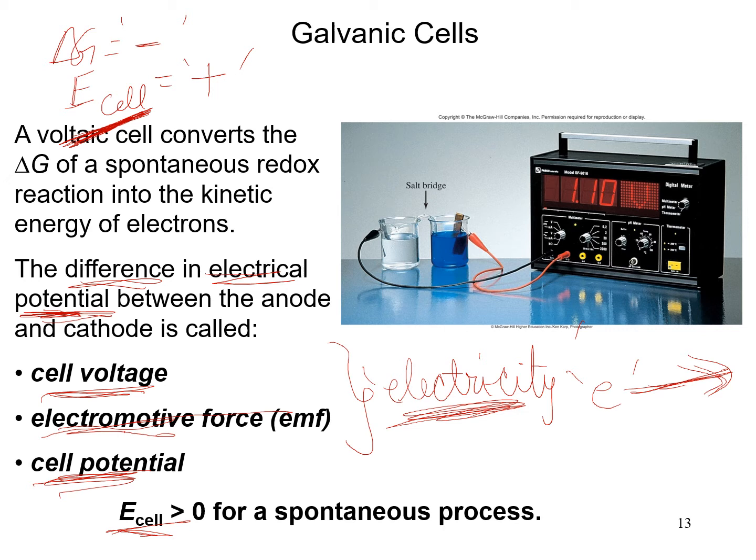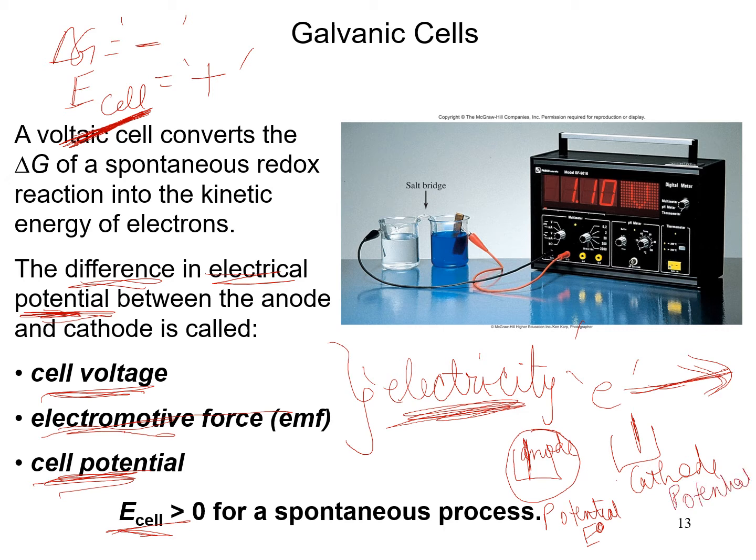Now whenever there is a galvanic cell, remember there are two halves happening. One half is the cathode half and the other half is the anode half. Whatever happens at the cathode is one half cell. This half cell has its own potential, its own E naught value. The anode is the other half, so it has its own potential value, its own electrical energy, E naught potential.